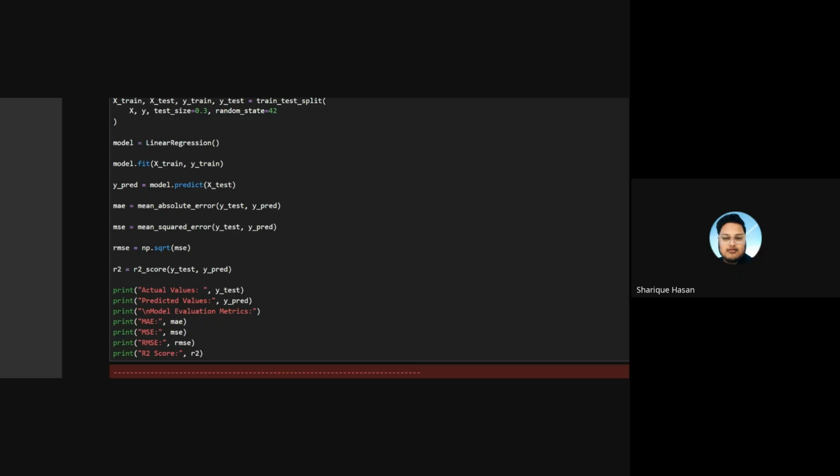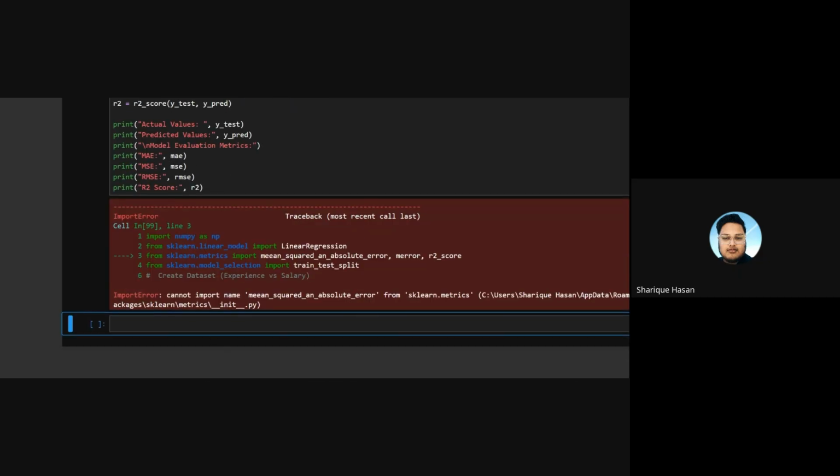I have written it somewhere. Okay, I'm not finding the code. I've just gone to ChatGPT and I'll show this code from ChatGPT only. I'm not finding the code which I had written.